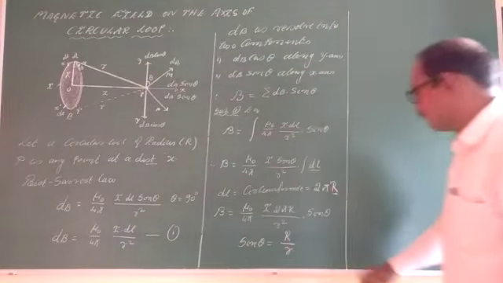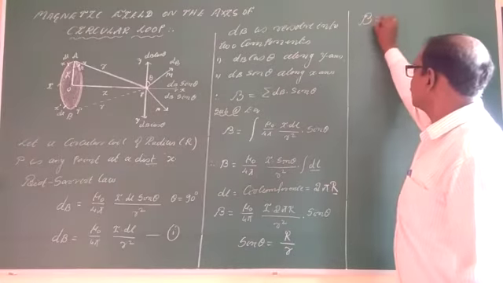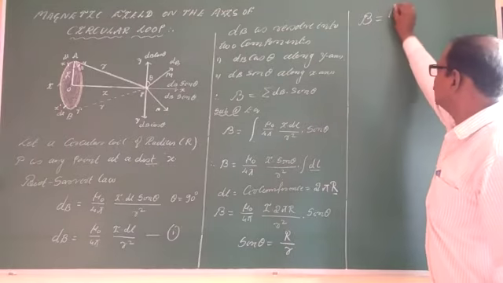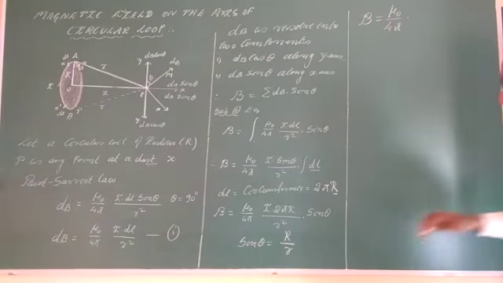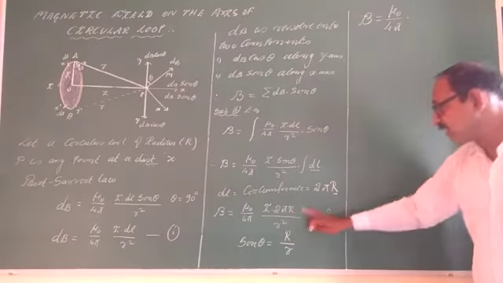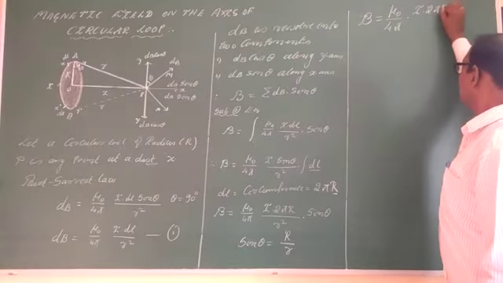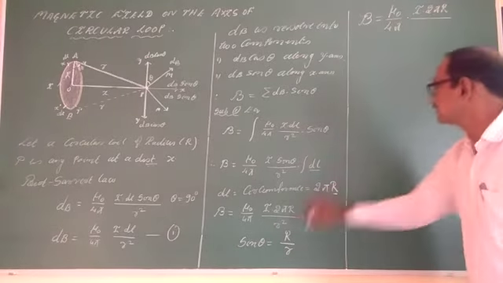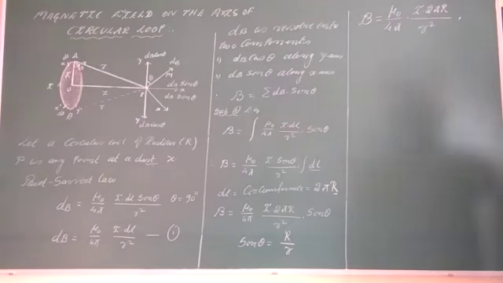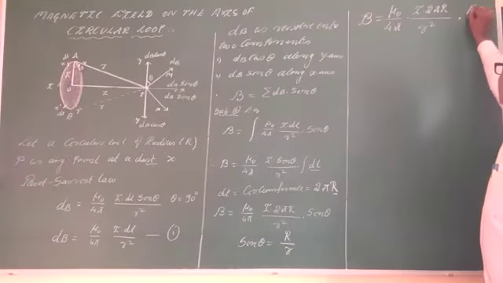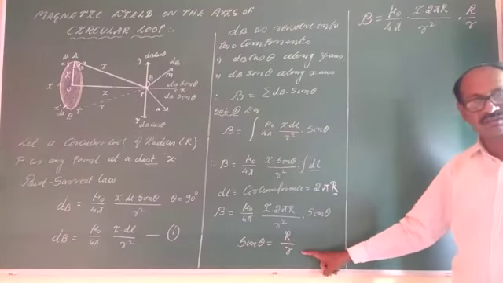So the total magnetic field B is equal to mu naught divided by 4 pi, into I 2 pi R divided by r square, into R divided by r, since sin theta is R by r.